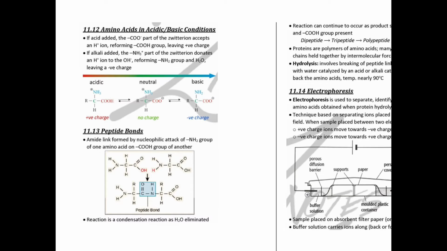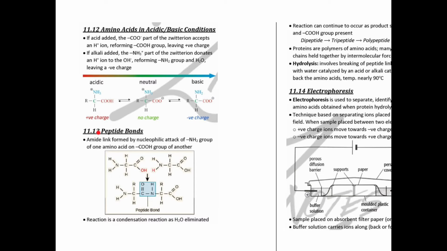Because of that, there is no more positive charge, making the whole ion take on a negative charge. So when you add OH minus, they form negative ions, reforming NH2, as you can see here, and H2O, because the H plus from here reacts with the OH minus to form H2O, leaving a negative charge.